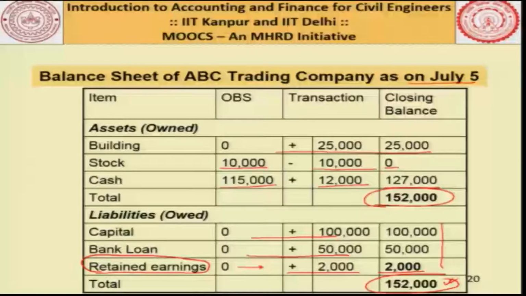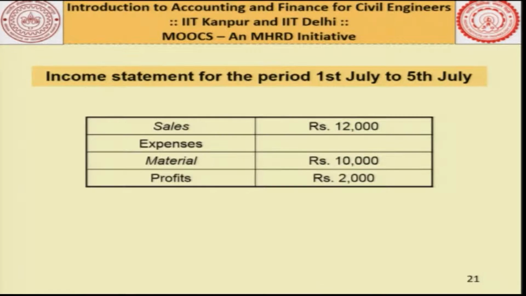So this is how you have to interpret, right? Now we move to the next set of transactions, but before that, how this is affecting the T book or T account, that also we need to see. So you can see, before that you can prepare the income statement or profit and loss account. It is very simple. You made a sales of rupees 12,000. Since this is a trading company and you didn't incur any manufacturing expenses, this is written as 0. You purchased the stock for rupees 10,000, so this is your profit.